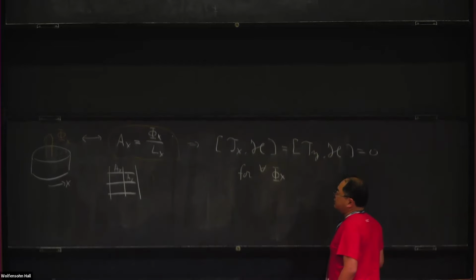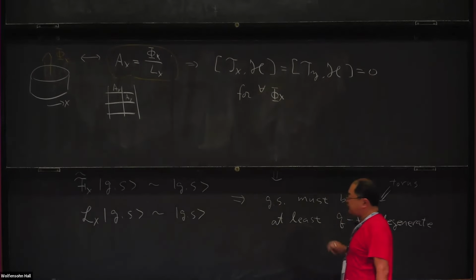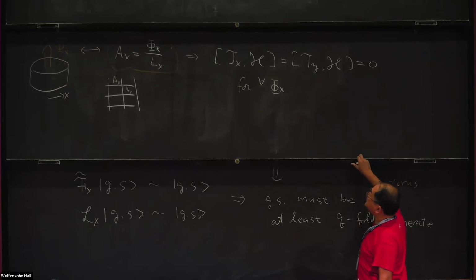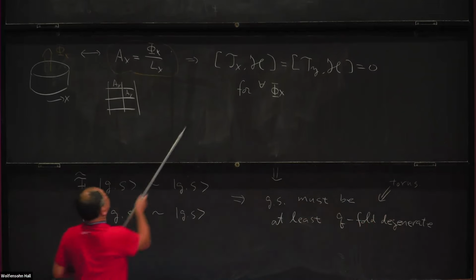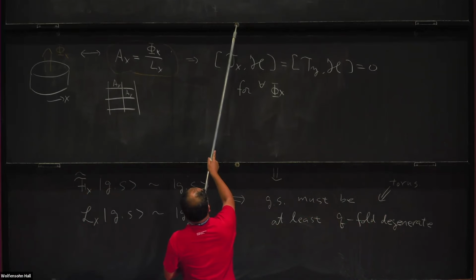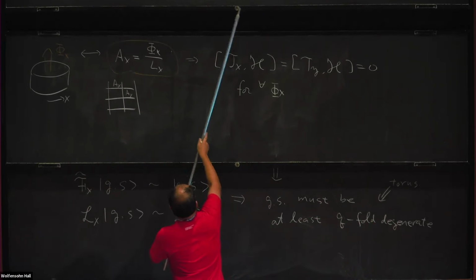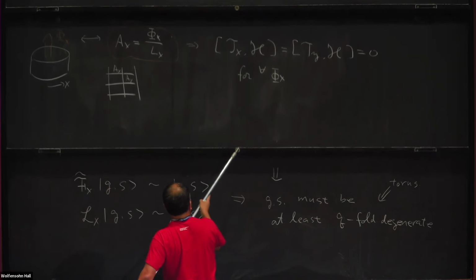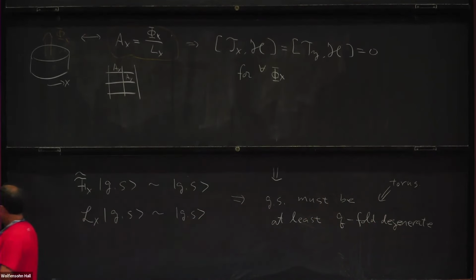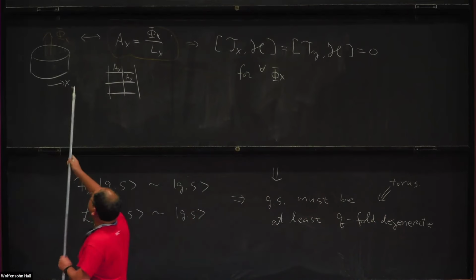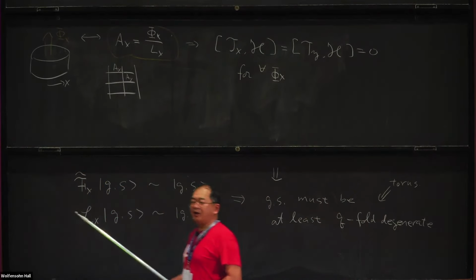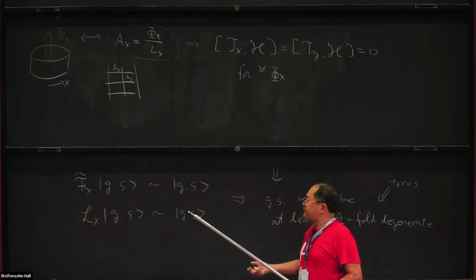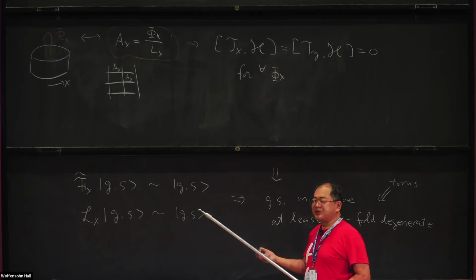And in fact, this is very crucial for my next question. That is, I want to ask, so I'm going to do this flux insertion. So increase phi x from 0 to phi 0, unit flux quantum. And then I want to ask, what is the total momentum of the system after the flux insertion?